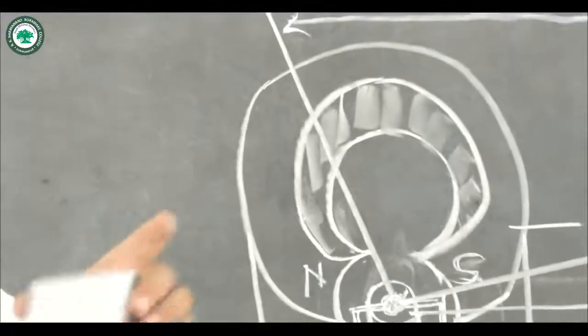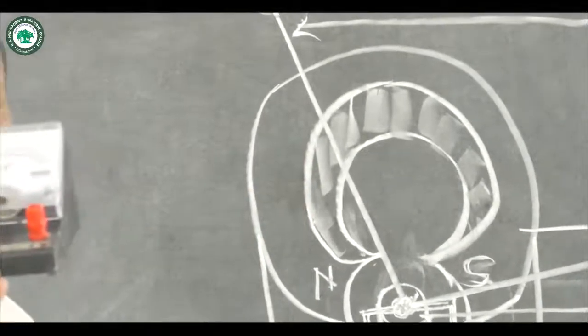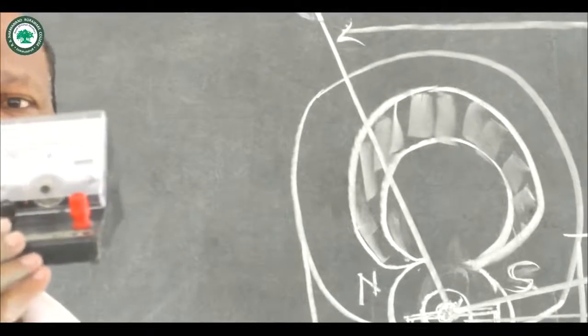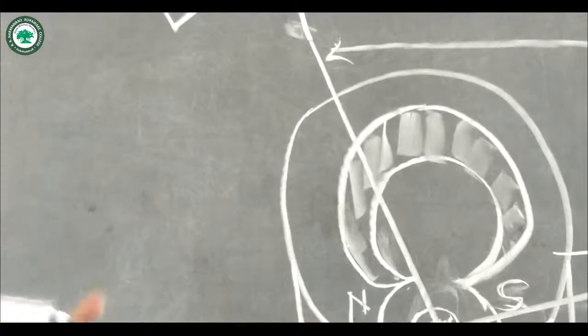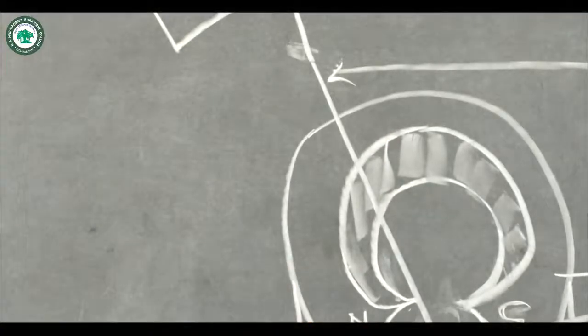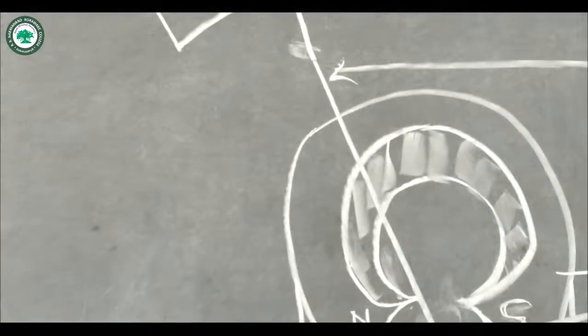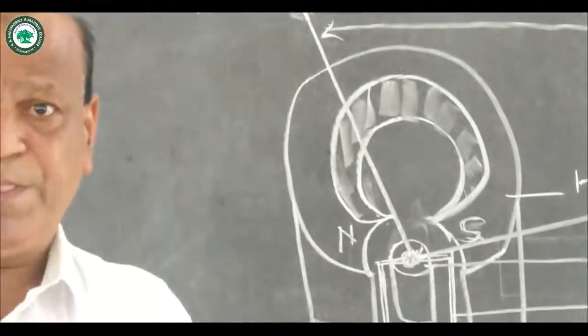And this is a voltmeter, which is used to measure the potential difference across a given circuit. Okay, now actually this is a galvanometer. This galvanometer is converted into this ammeter and this voltmeter.